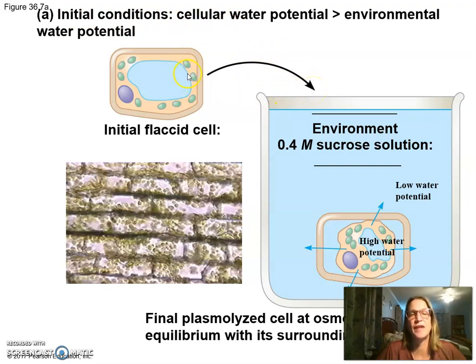So let's say we put a flaccid cell into an environment that has really high levels of solutes in it. Then water from inside the cell, which has a higher water potential, is going to move out into the environment until the water potential on both sides of the membrane is equal. When that happens, the cell membrane pulls away from the cell wall, and that is called plasmolysis. So let's watch this video.